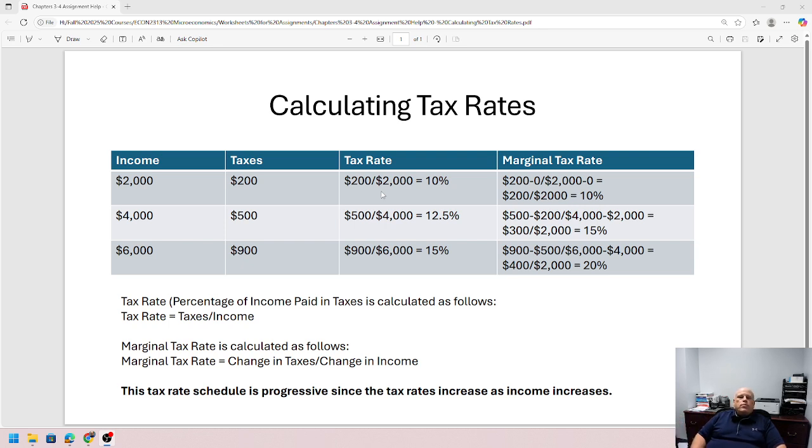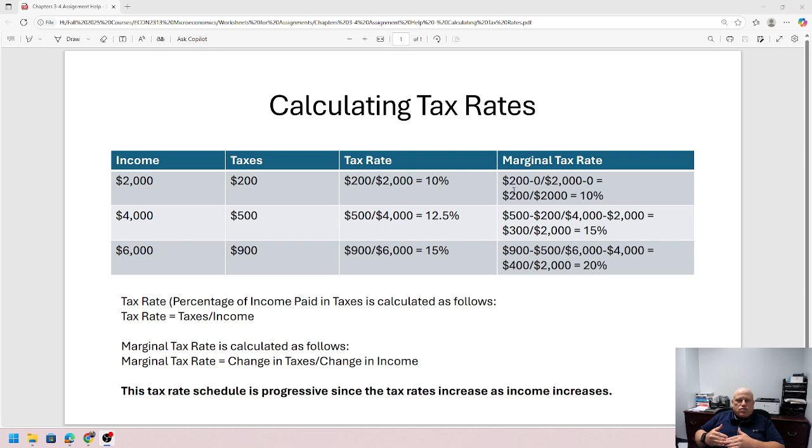Now, to calculate the marginal tax rate for that first one, it's very similar, but not exactly the same. Remember, any kind of marginal value is the change in one value over the change in another value.